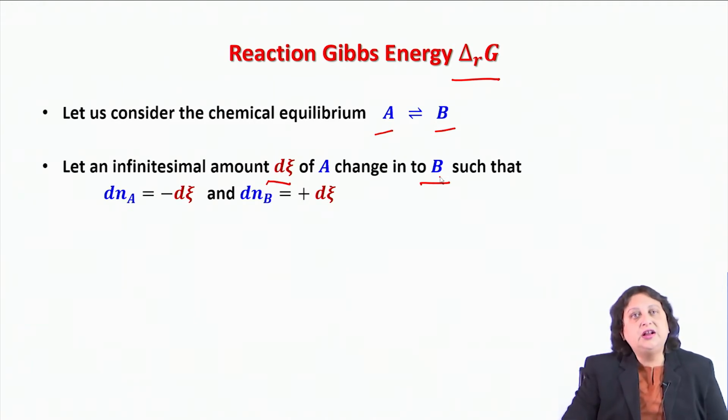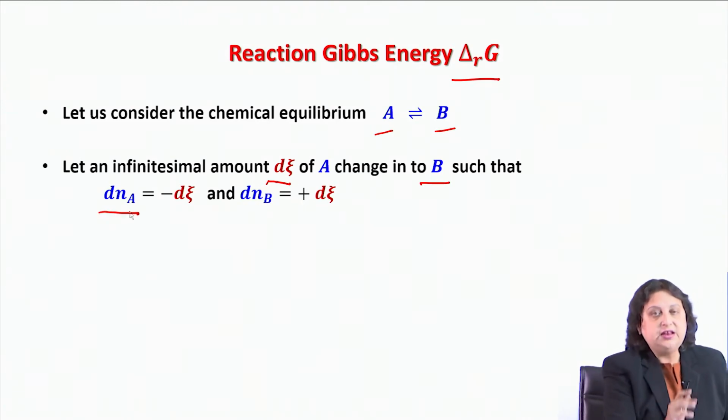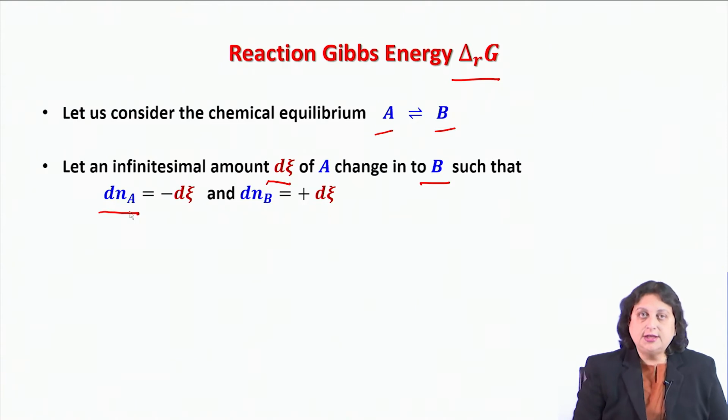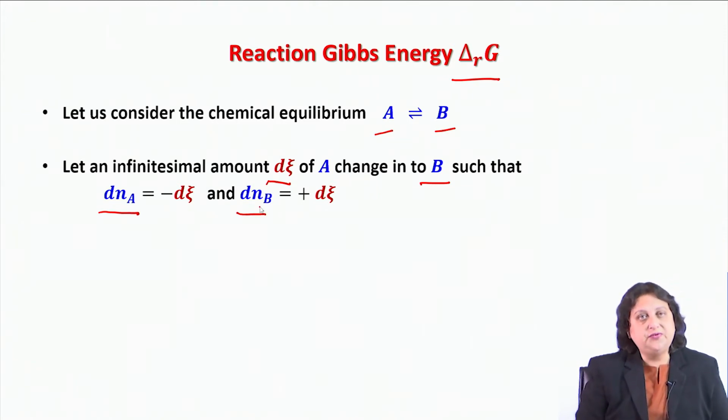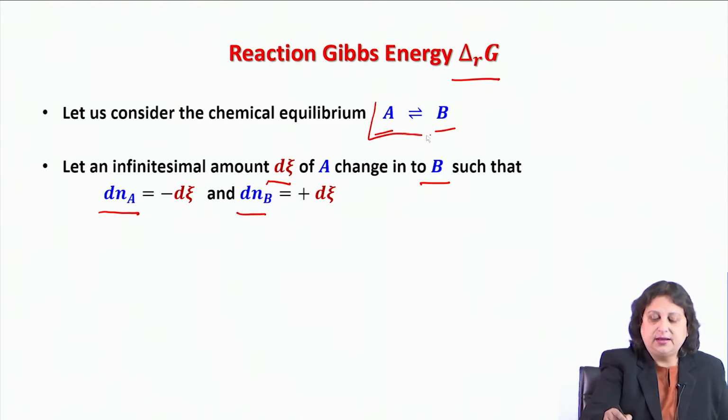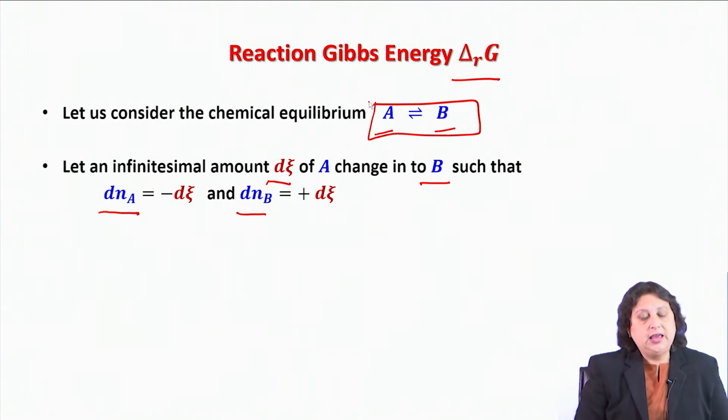Therefore, as a result of dξ amount of reaction taking place, I will have dNA, that is the infinitesimal amount of change in the number of moles of the species A, and as a result there will be dNB, that is an infinitesimal amount of change in the number of moles of the species B. Now, by definition, since this is my balanced chemical equation, dNA is equal to minus dξ.